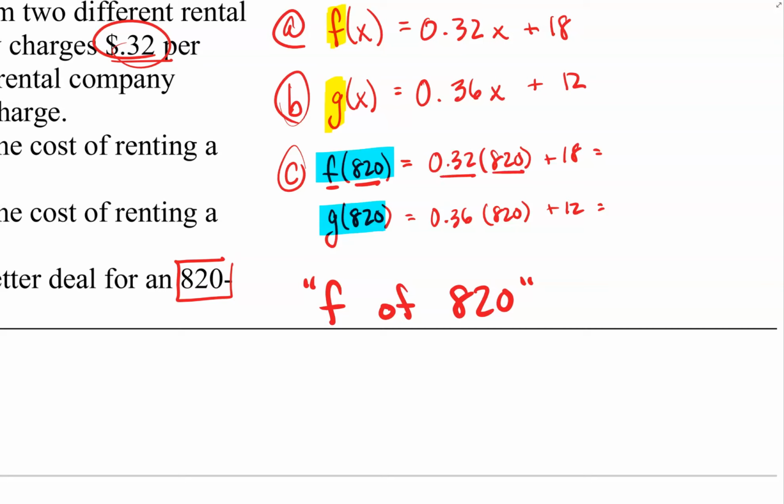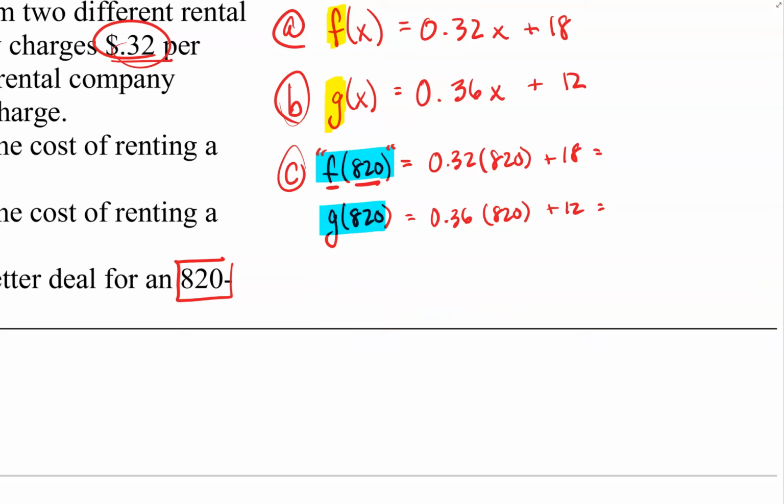In this example, we are going to multiply 0.32 times 820. We're not actually multiplying the letter f times 820. This is simply the notation that's been adopted giving us the instruction. So to distinguish the difference, you'll hear me say f of 820, or in the next example, g of 820. Again, we're not multiplying, we're just using that as our instructions.